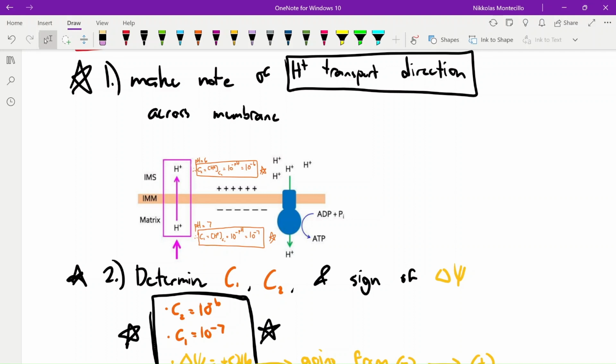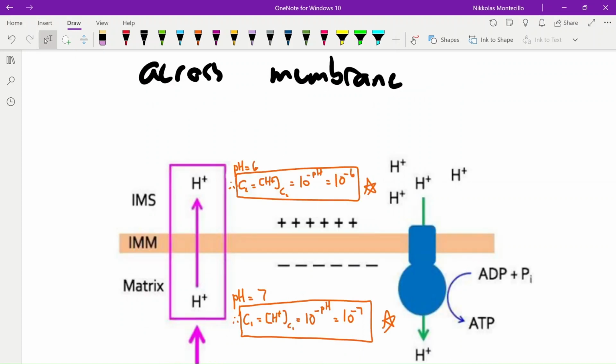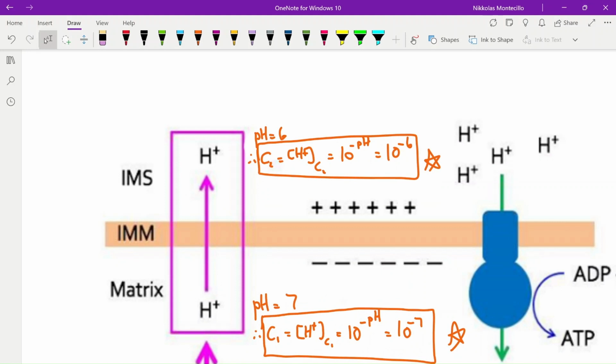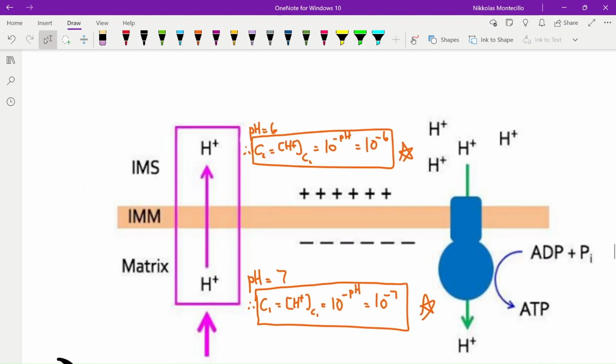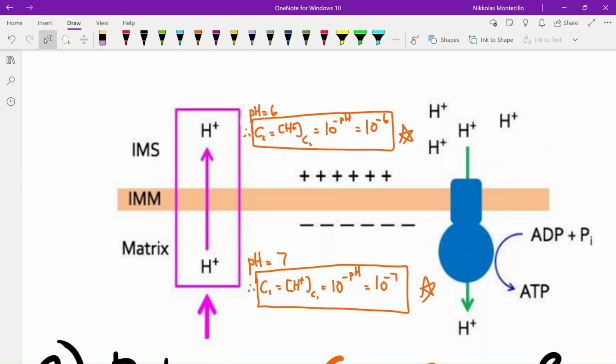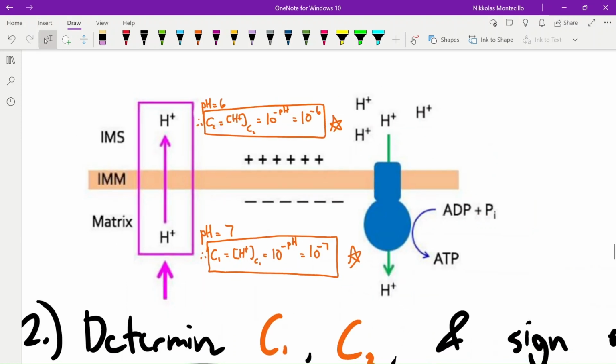If we see here, the pH of the IMS is 6. Therefore, the hydrogen ion concentration of the IMS is 10 to the negative 6. Conversely, the matrix has a pH of 7, so the hydrogen ion concentration is 10 to the negative 7.